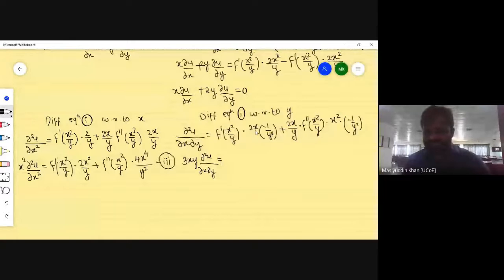So see, you can see that 3xy, अच्छे से ध्यान देना है. 3xy, तो एक स्टेप लगेगा तो मैं यहाँ पे लिख देता हूँ 3xy f dash of x square by y minus 2x by y square. यहाँ पे देखोगे तो प्लस f double dash of x square by y, x माइनस है तो -2x³ अपॉन y⁻³.